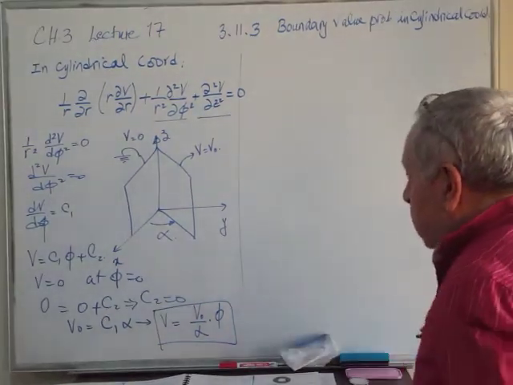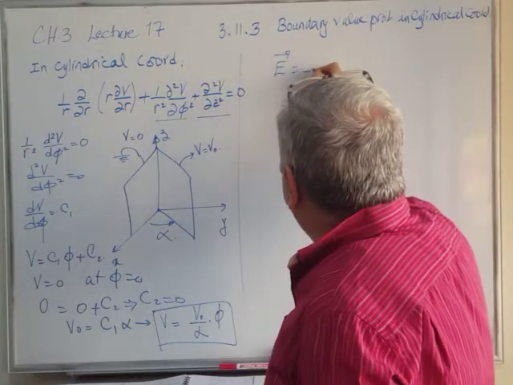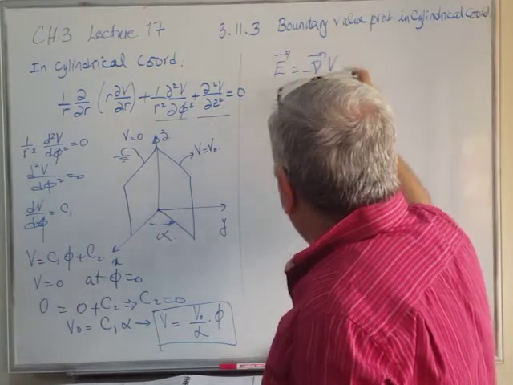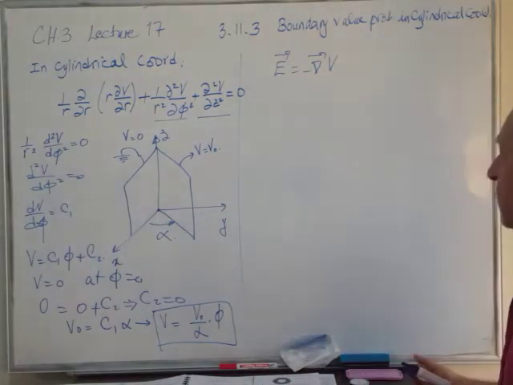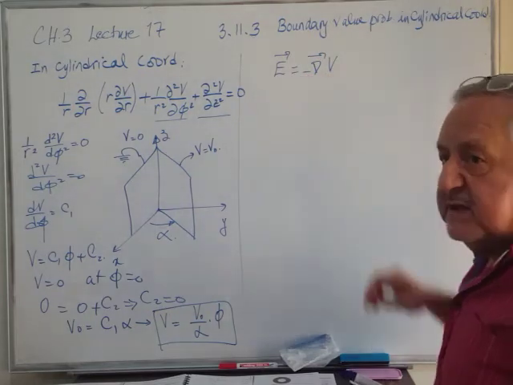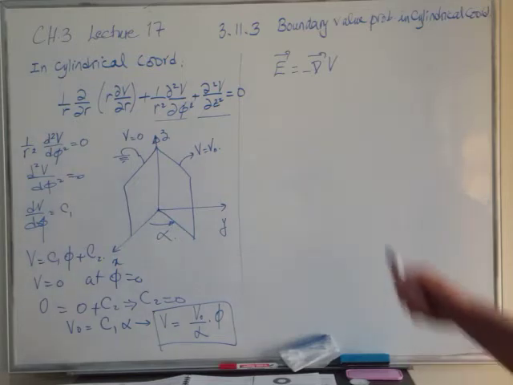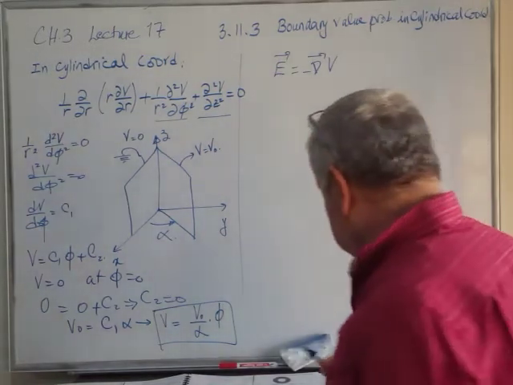You have V, you can find the field, right? E equals minus grad V. Remember, when you want to find the electric field from the electric potential using this formula, you have to always remember which system of coordinates you're using. Here we are using the cylindrical ones.